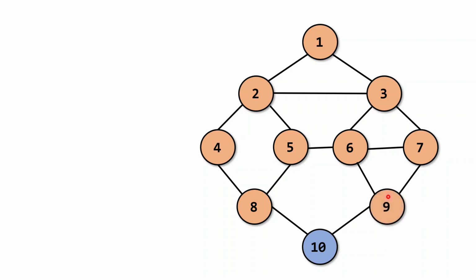So I will mark this node as visited, put this in the queue, and then I will remove this node 6 from the queue and put it in the output like this.